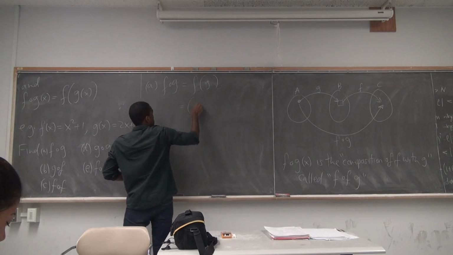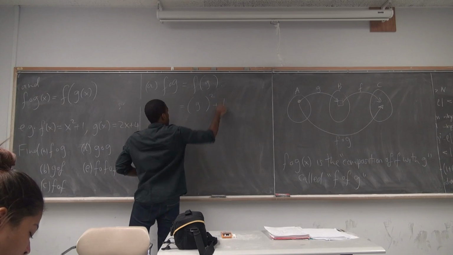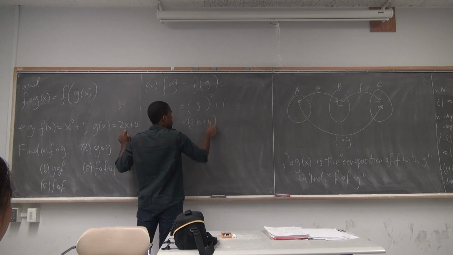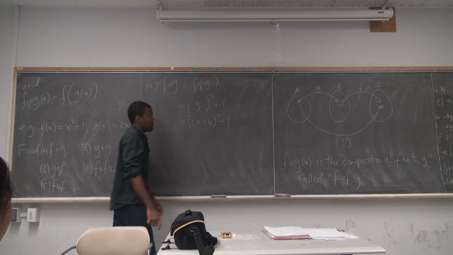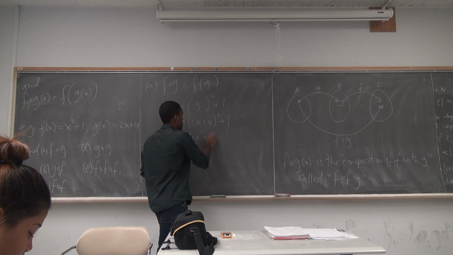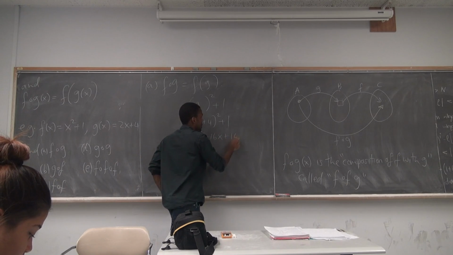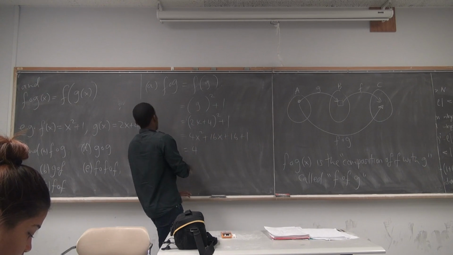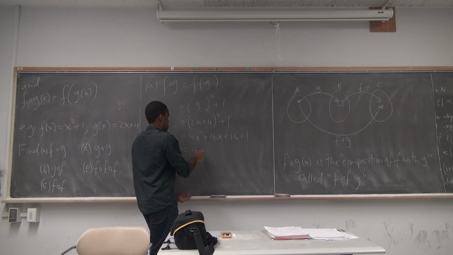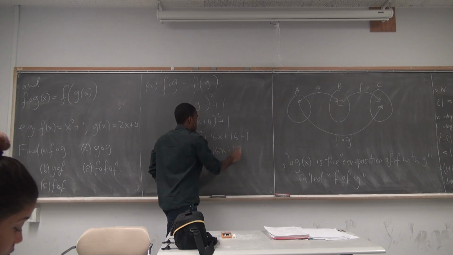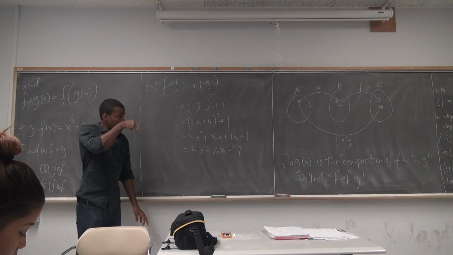So basically you're going to have g squared plus 1. And we know what g is. G is 2x plus 4. So then I would have 4x squared plus 16x plus 16 plus 1. That's 2x plus 4 squared. So it's 4x squared plus 16x plus 17. Right?